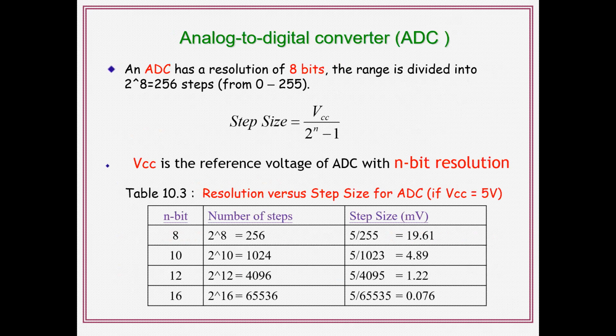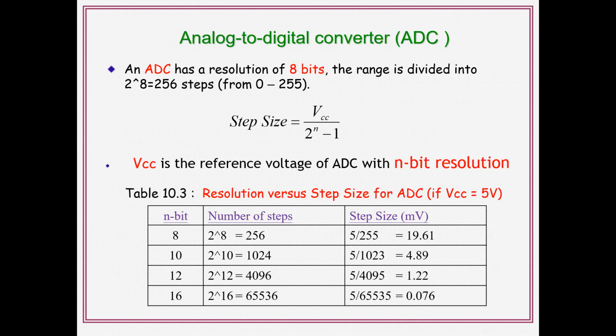Suppose an ADC has a resolution of 8 bits. The range is divided into 2 power 8 combinations, which equals 256 steps. So the steps are from 0 to 255.